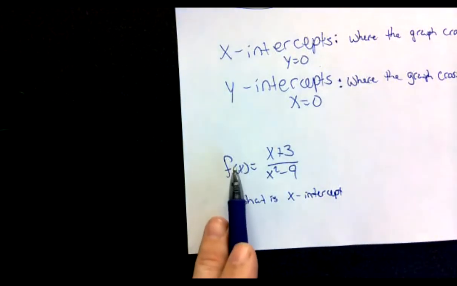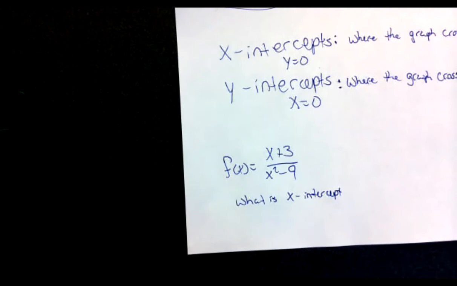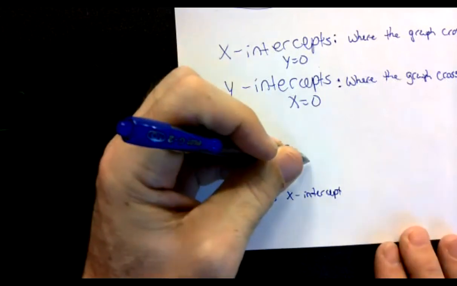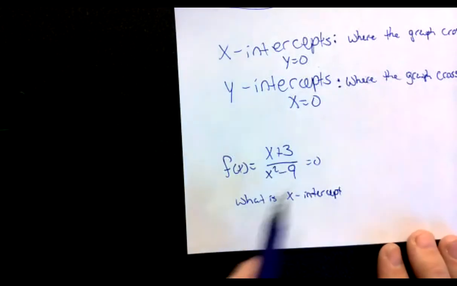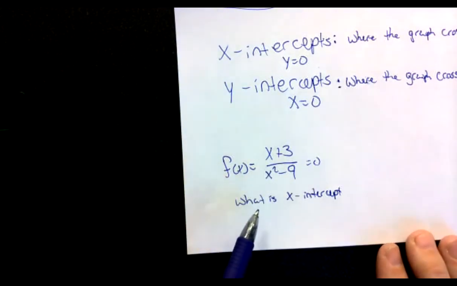Okay, it's basically whatever causes our graph to be 0, or where the graph crosses the x-axis. Now, this is easier to see from the graph, but we'll also point this out. We're trying to figure out what values cause this to equal 0. In this case, there aren't going to be any.